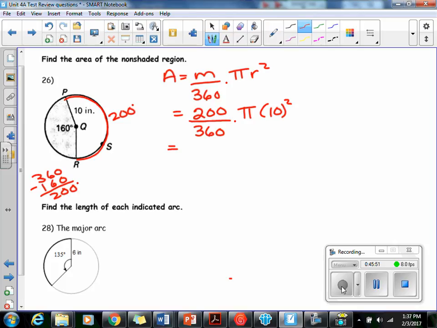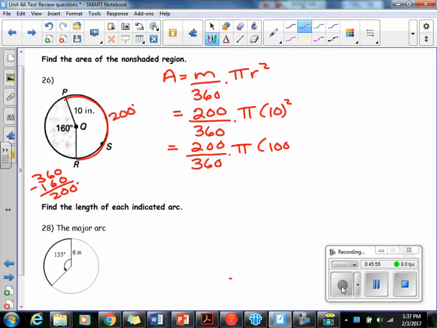So if I square the 10, you've got 200 over 360 times pi times 100. Now you can multiply straight across the top, and then divide on the bottom.